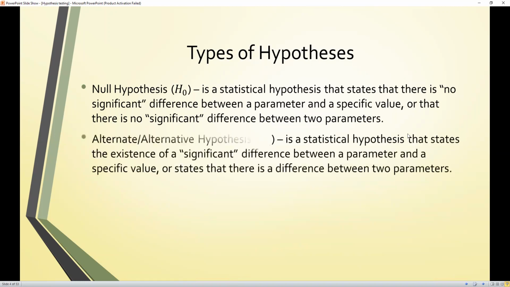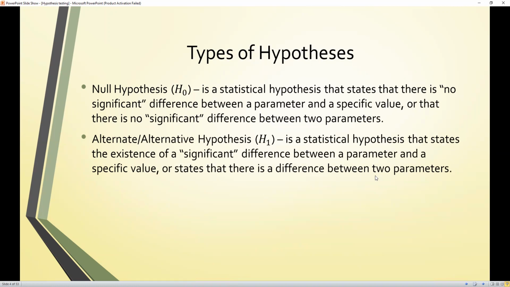The other hypothesis is called the alternate or alternative hypothesis. It is a statistical hypothesis that states the existence of a significant difference between a parameter and a specific value, or that there is a significant difference between the two parameters.